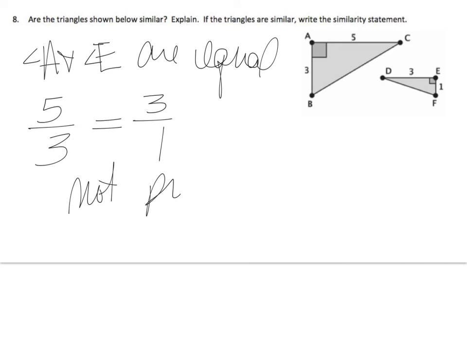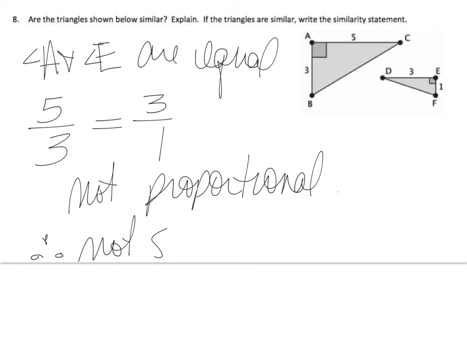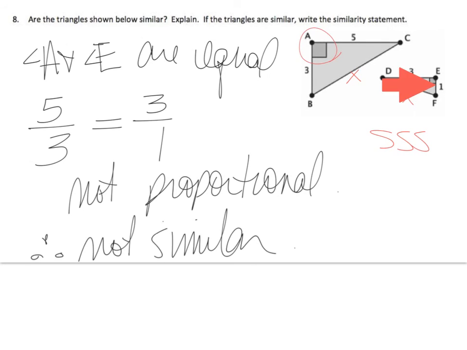These are not proportional, therefore not similar. I should also point out that we could have found the hypotenuse using the Pythagorean theorem and checked side-side-side. But since we knew two angles were equal, I went for side-angle-side and proved that it didn't work.